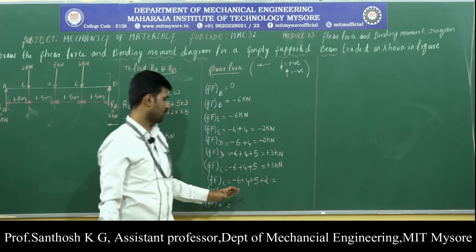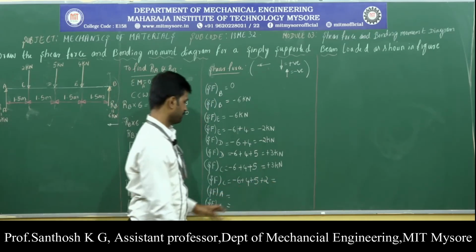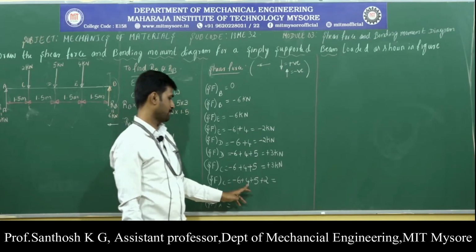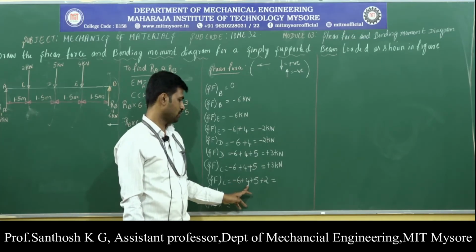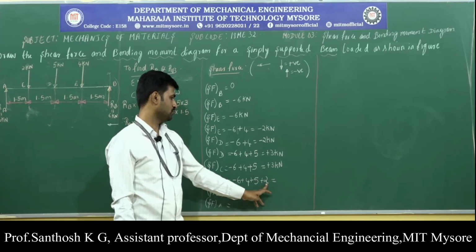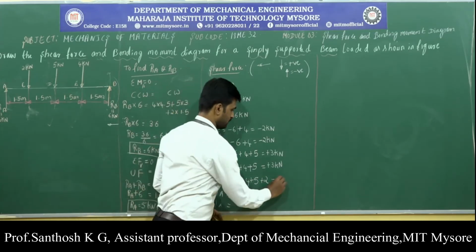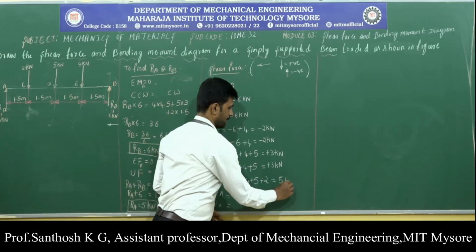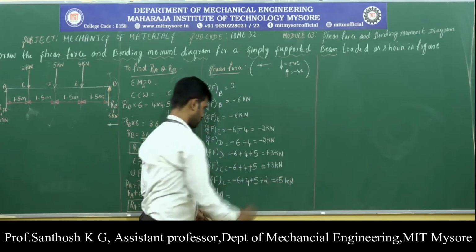Adding all this, minus 6 plus 4 equals minus 2. Minus 2 plus 2 cancels out and I will be left with plus 5 kilonewton.